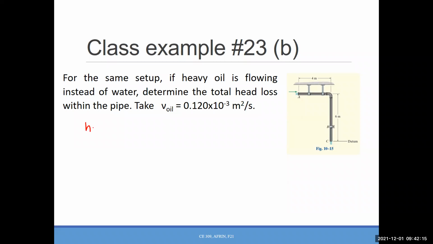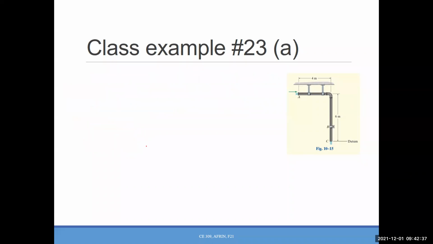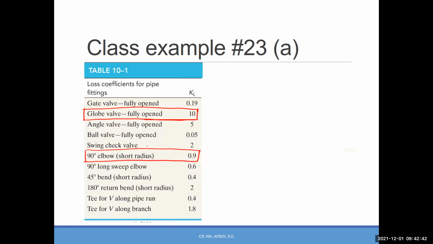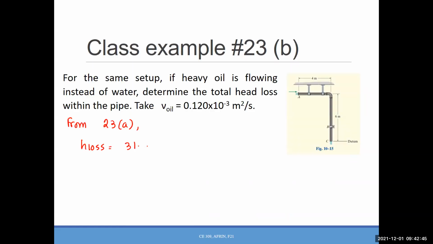So what we will do, from part 23A, total head loss was 31.36 F plus 2.22, right?